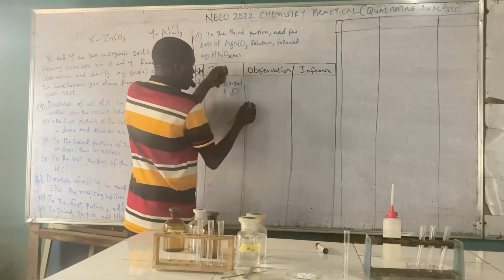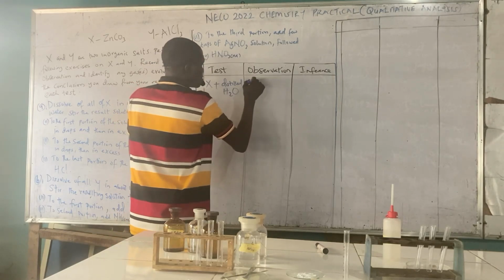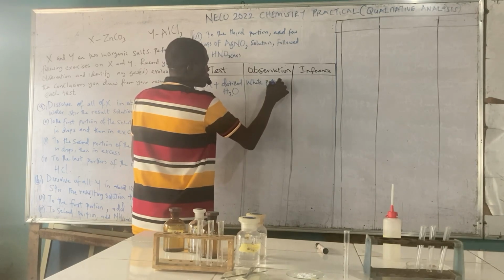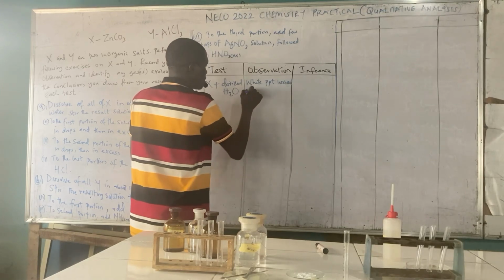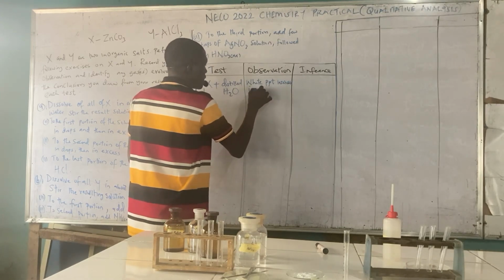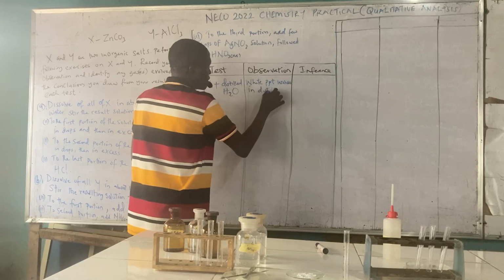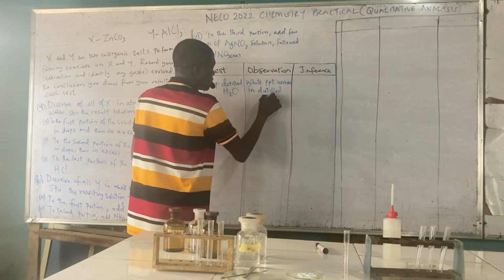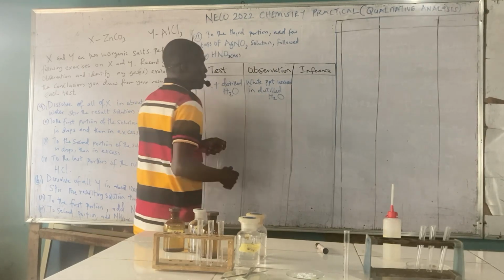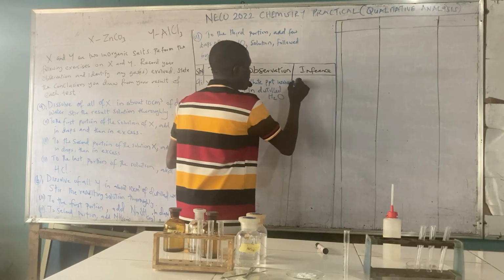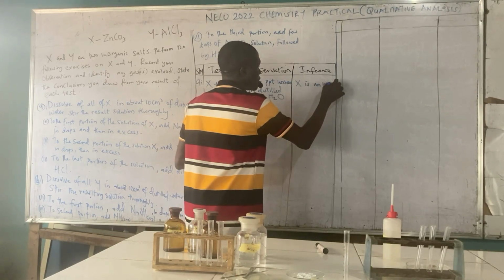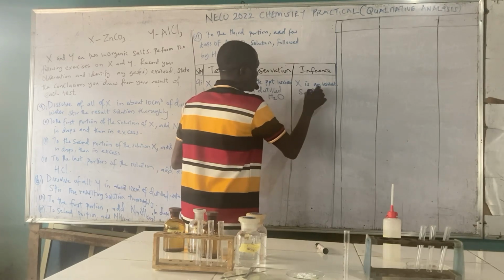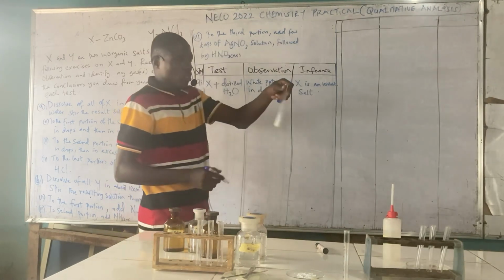What we are observing here is white precipitate, insoluble in water, in distilled water. Meaning that X is an insoluble salt.